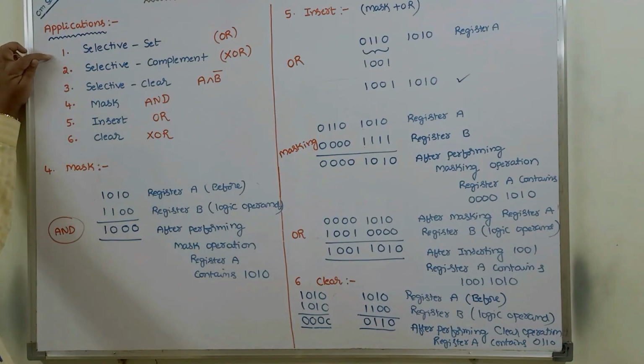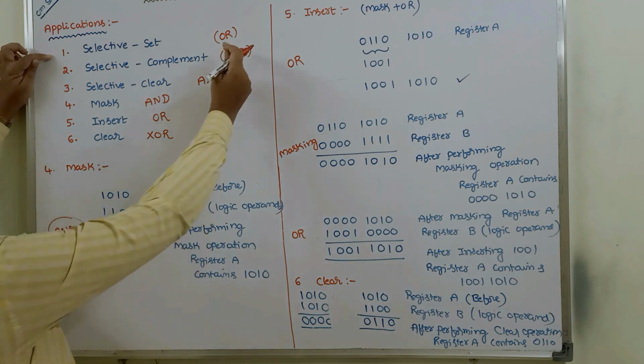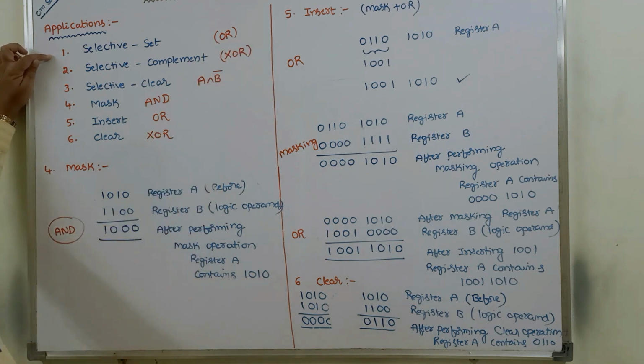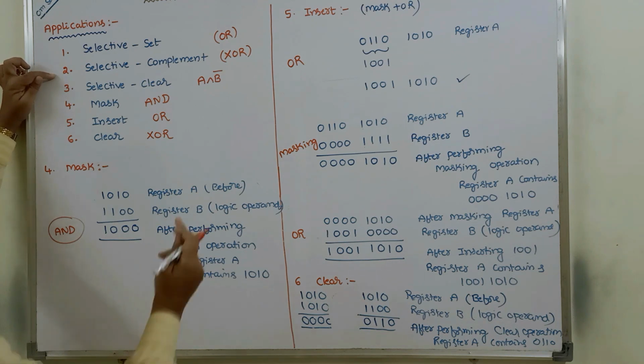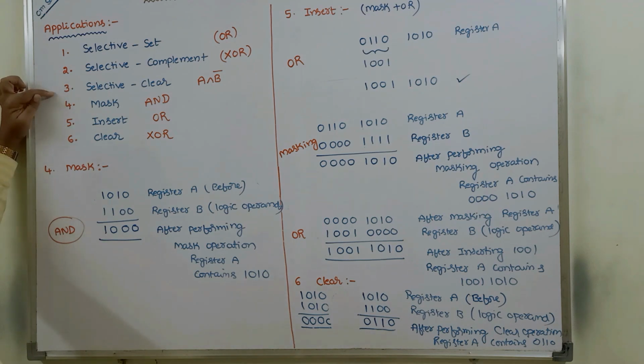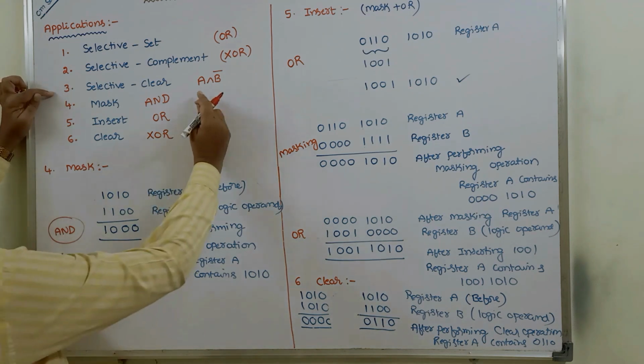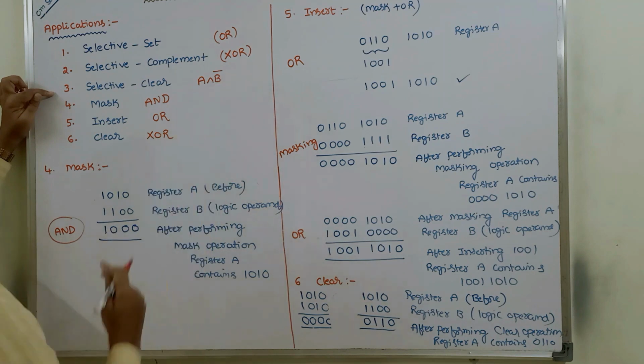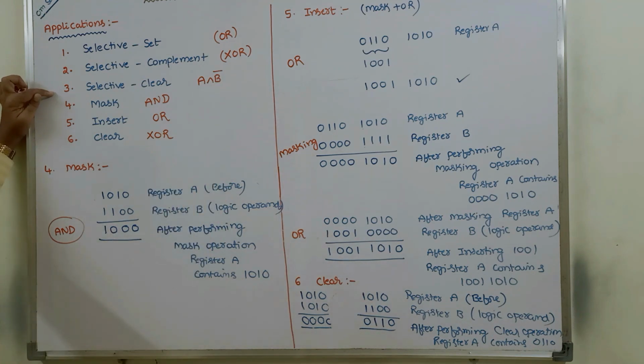Selective set operation behaves like a logical OR micro operation. Selective complement operation works like an exclusive OR operation. Selective clear operation works like an A and B complement micro operation.